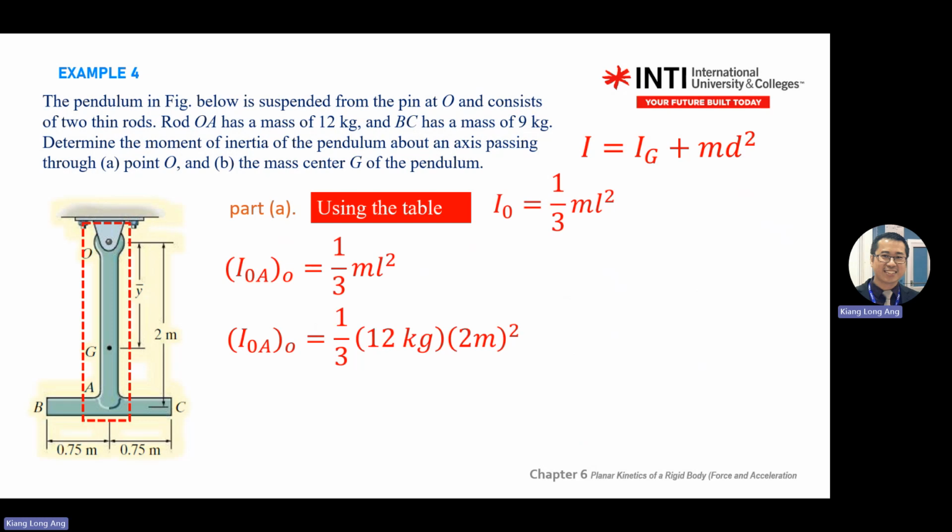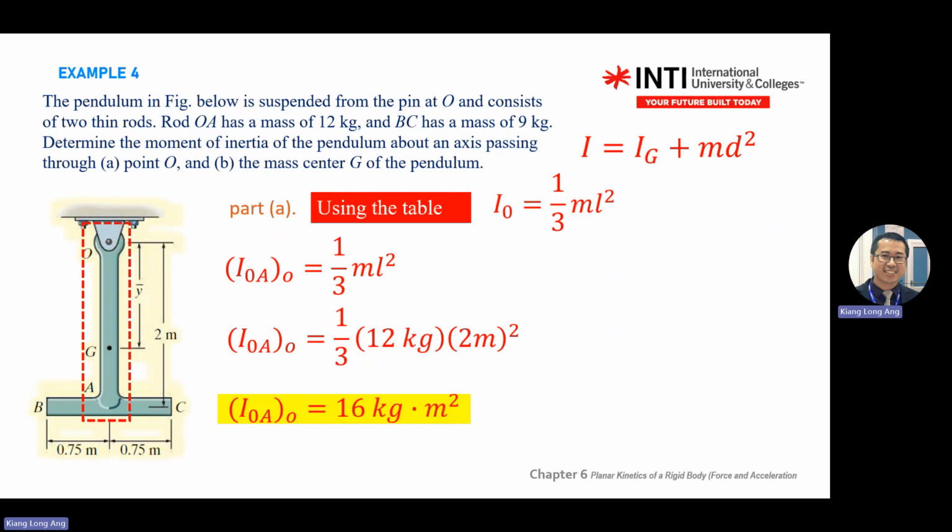So we're interested in your inertia from O. This is for the first part. Why is there no MD squared there? Why is there no D there? Because you straight away read from the table. The value you read from the table has no D there, although you change the point of interest here.